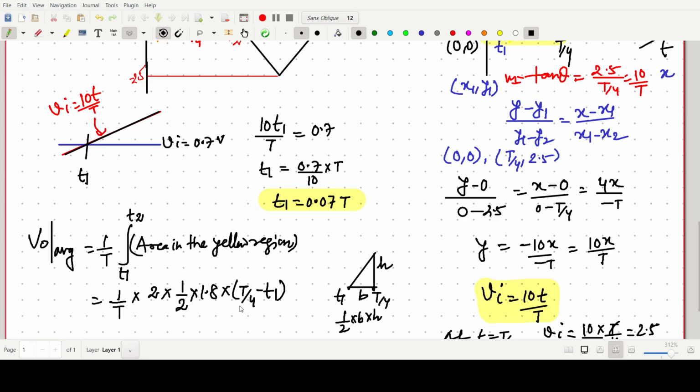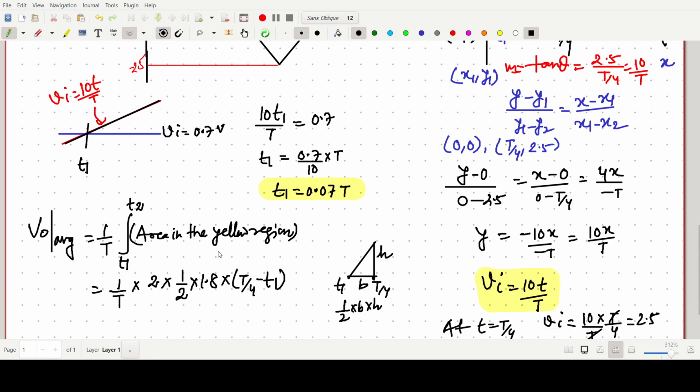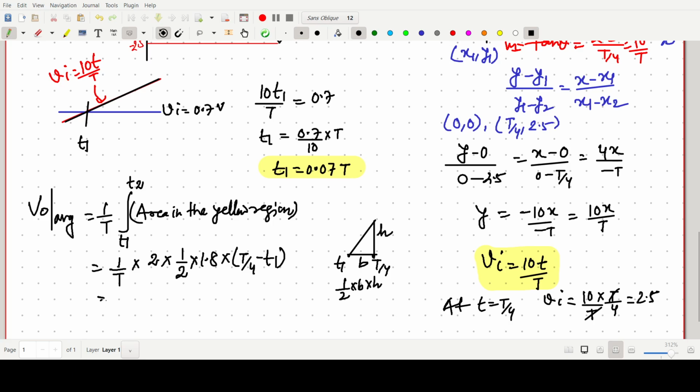minus T1. We have already multiplied with 2 to make it double, so these two cancel out. 1 by 2 into 1.8, T by 4 means 0.25 T, minus T1 already calculated 0.07 T. No need to find T2, you can find it also, but I have just found T1 and just doubled the area for the average value calculation.